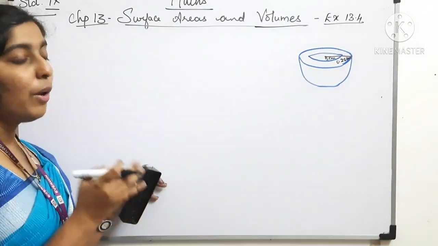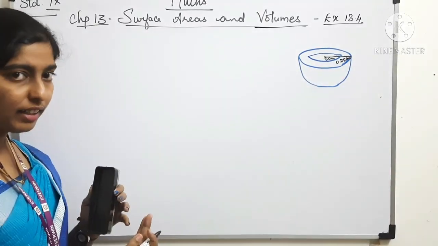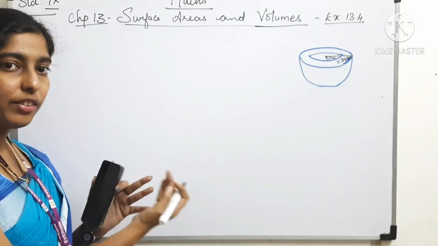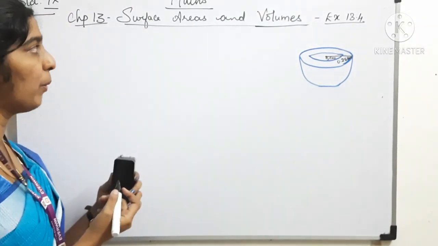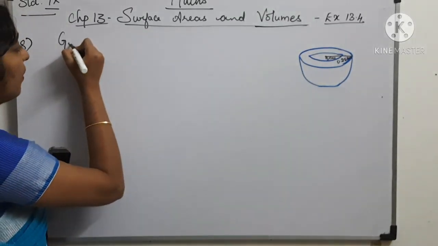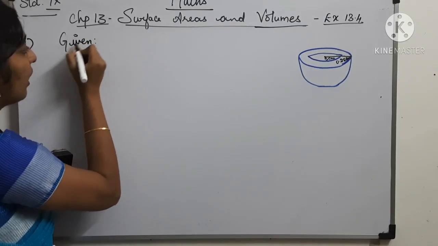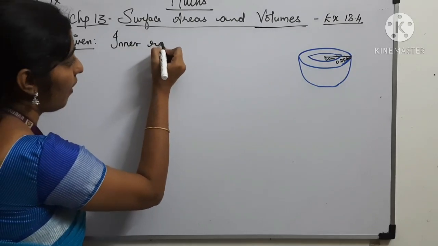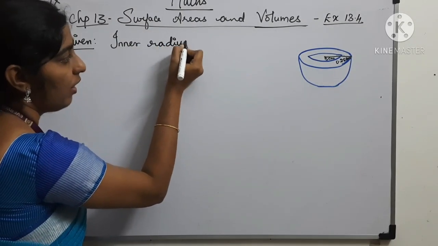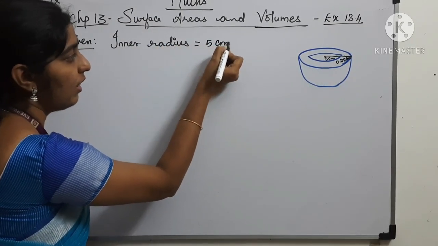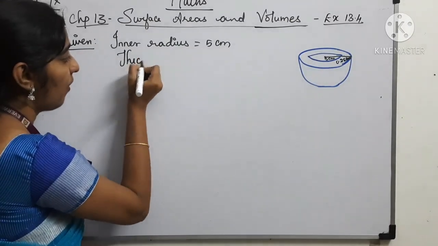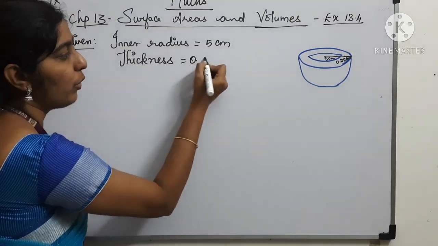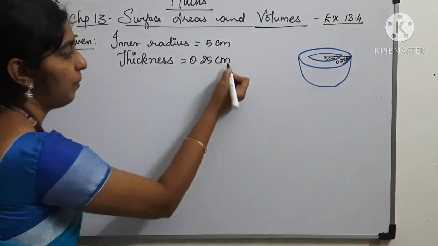After finding that, what actually we have to find? We have to find the curved surface area, outer curved surface area of this hemispherical bowl. So, what is given? Given inner radius is equal to 5 centimeter, thickness is equal to 0.25 centimeter.